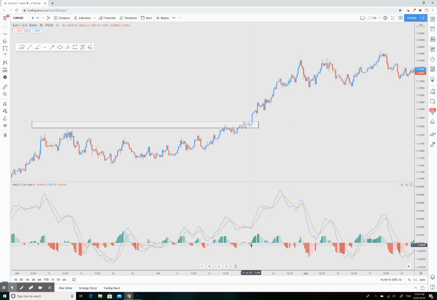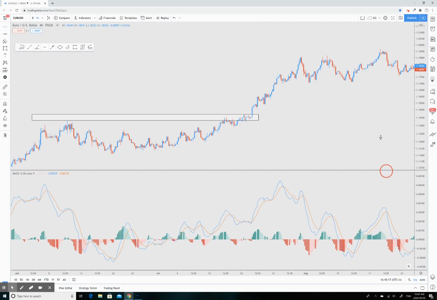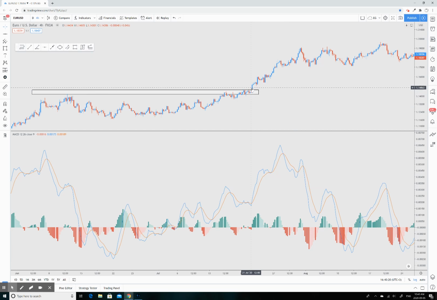And so what we can see here is that if we pull up our MACD, right when price begins coming out of this zone, what happens? Our bars begin to increase. So we have a nice strong bar there. We're not seeing anything like this, what I'm circling down here, a lot of indecision.